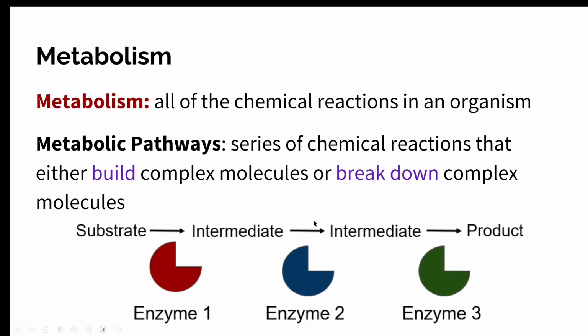And then that disaccharide can be broken down again by a different enzyme into its final product. That would be an example of just using two enzymes, but you get the idea where you take something and you need to turn it into a final product. It might actually take one step, sometimes it might take several steps in order to get there. And so this entire process is what's referred to as metabolism.